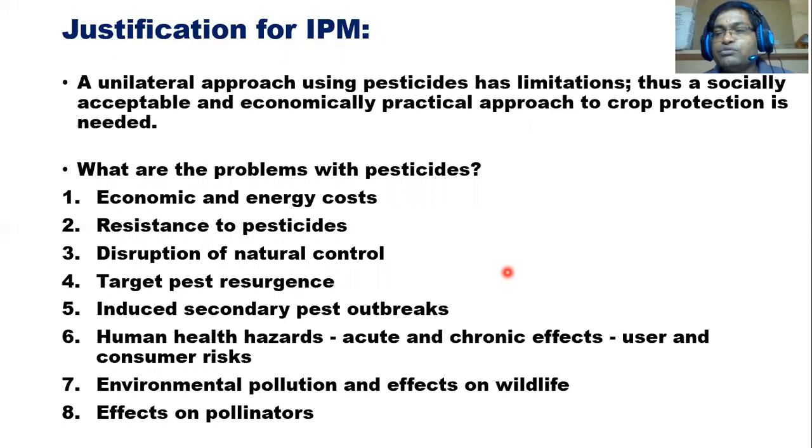So much cost, time, effort, right? So much time and effort goes in, and after the marketing of this active ingredient, if the pest develops resistance one year after the introduction of this chemical, your time and effort is lost.